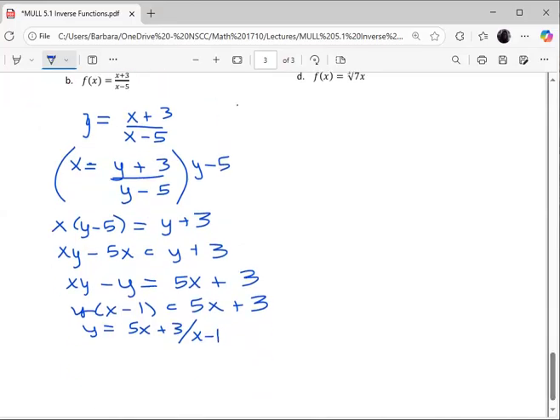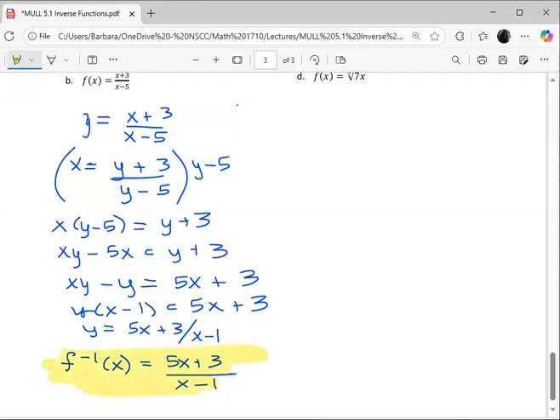So replace y as our final step. Replace that with the inverse function of x, and we have 5x plus 3 divided by x minus 1. And that is our final answer for the inverse function.